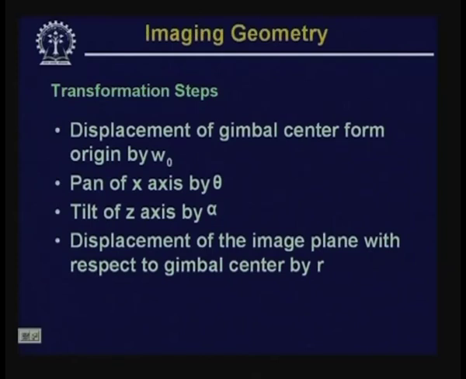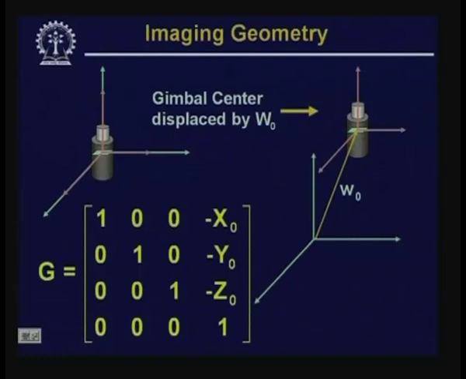So, we have 4 different transformation steps which are to be applied one after another, and these steps will give you the transformed coordinate of the 3D world point W. Let us see how these transformations are applied one after another.